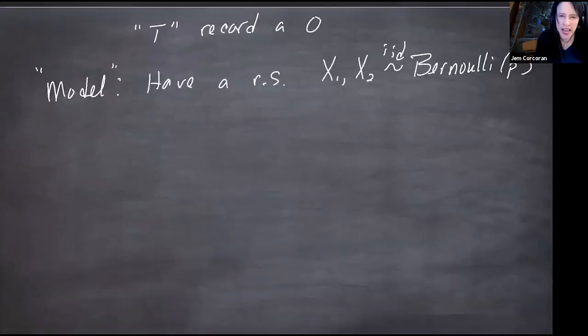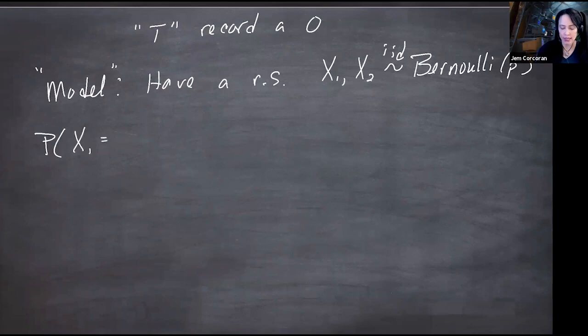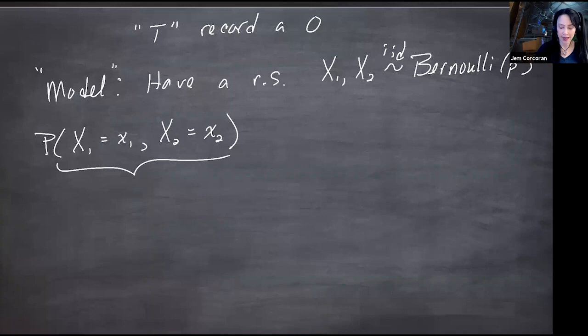So I'm going to look at the probability of getting like x1 equals 1 and x2 equals 1. I want to look at the probability that x1 is some little x1 and x2 is some little x2, and they're independent. So you can break this up into a product, and really this is a joint PDF.